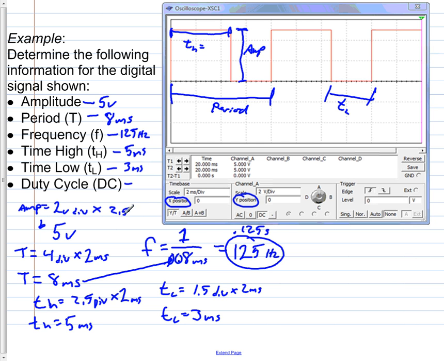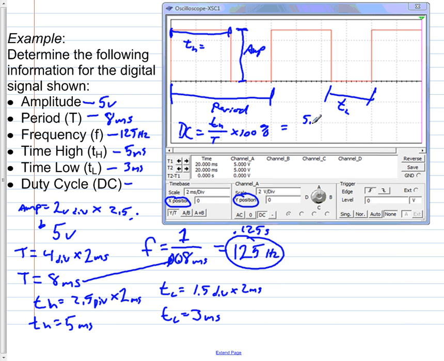Okay. And then the last thing we do is find the duty cycle. The duty cycle for this is measured with time high over the period times 100%. So the duty cycle, DC, equals time high over the period times 100%. So basically, time high, we go down here, we had 5 milliseconds.